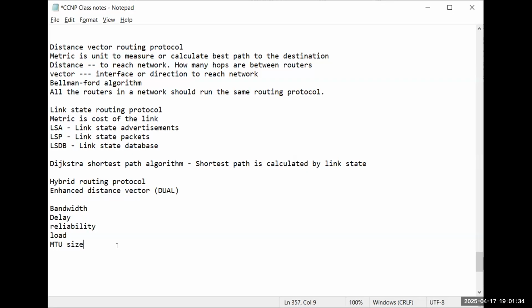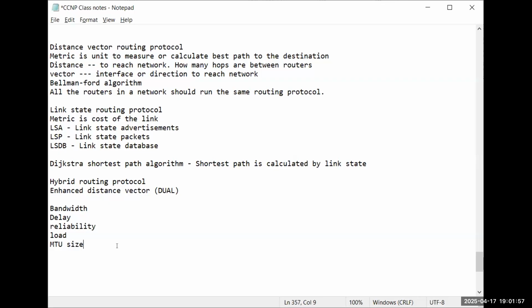And it sends updates only when there is a change in the network. But earlier, in distance vector, it periodically advertises its own information to all the routers in the network. And it also receives, because the other router also has to send an update, right?